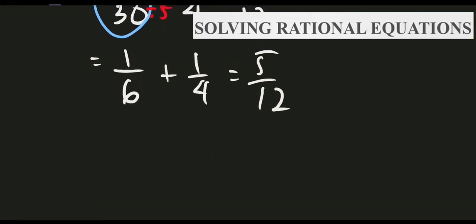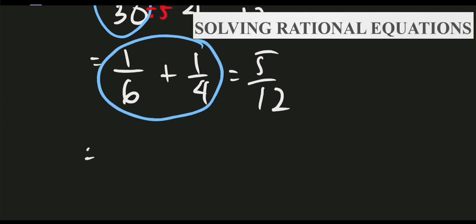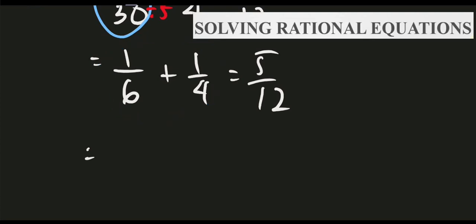Is 1 over 6 plus 1 fourth equal to 5 over 12? Alright, so let's simplify. For this given term, we are actually dealing with addition of dissimilar fractions. Again, if we have dissimilar fractions, that means our denominators are not the same. So to solve this, we need to identify our LCD.